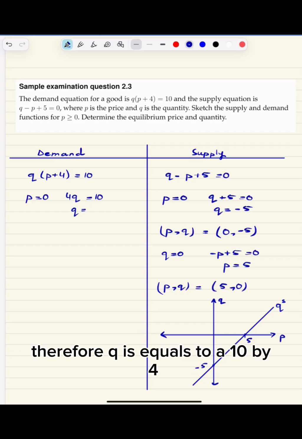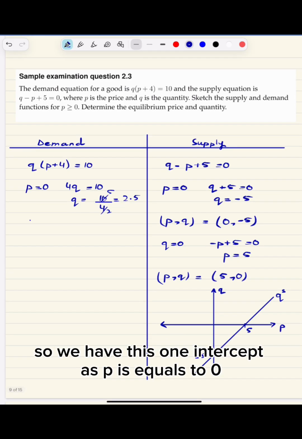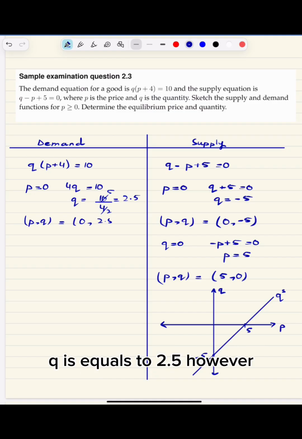Therefore q is equal to 10 by 4. So 2 2s are 4, 2 5s are 10, 2.5. Okay, and so we have this intercept as p is equal to 0, q is equal to 2.5.